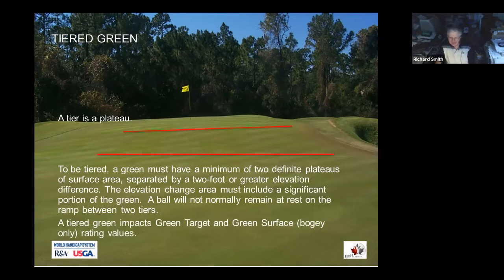Okay, so there's a green target adjustment, and there will also be a green surface adjustment for bogey golfers when we do the actual rating, if we have a tiered green.